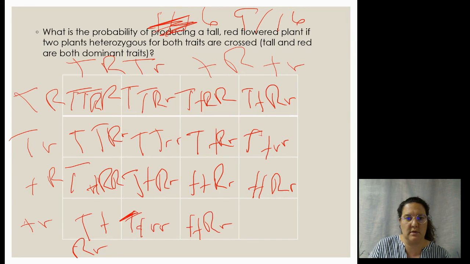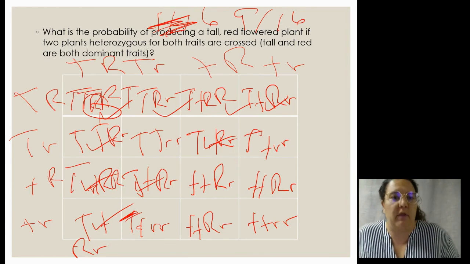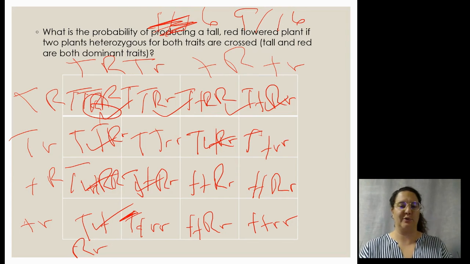This one is not. And this one is not. So we can go 1, 2, 3, 4, 5, 6, 7, 8, 9. So we had our 9 out of 16 were tall and red flowering plants when two heterozygous plants were crossed.